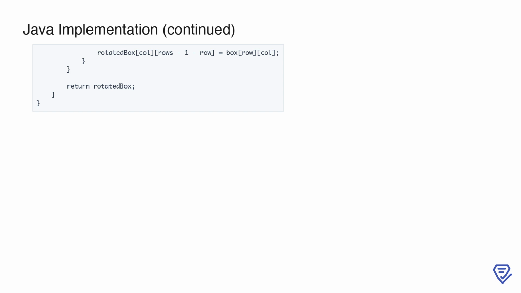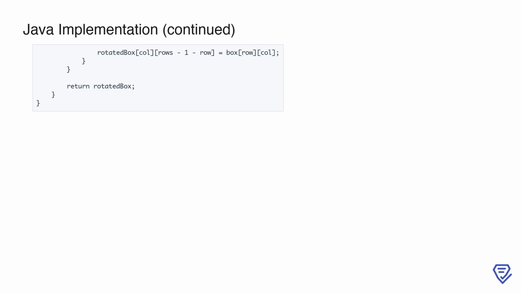Now that gravity has been applied to all rows and the stones have settled, we proceed to rotate the box 90 degrees clockwise. To achieve this, we initialize a new 2D character array called rotatedBox with dimensions swapped, columns become rows and vice versa. For the rotation, we iterate through each column of the original box. Within each column, we iterate through every row.